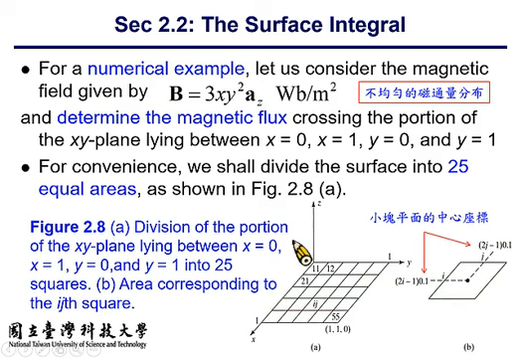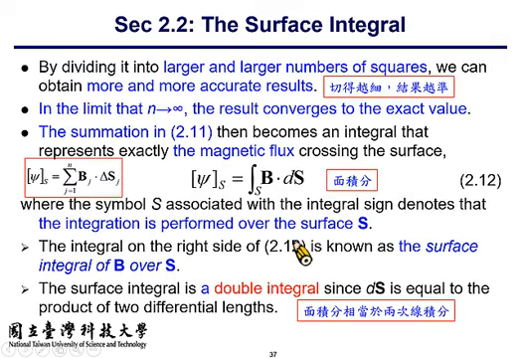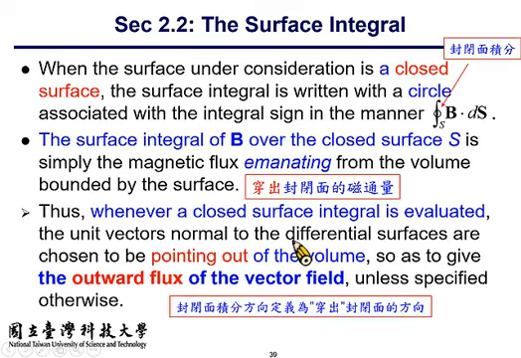So another surface type is referred to as closed surface, which are surfaces without edges. For example, the surfaces formed by this bubble.